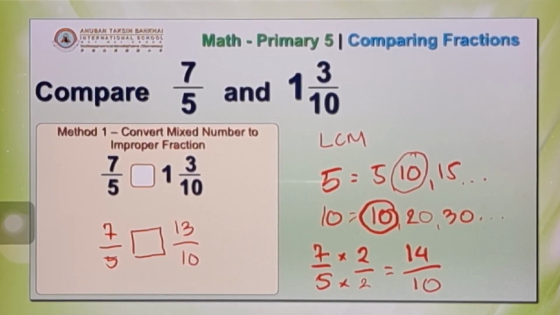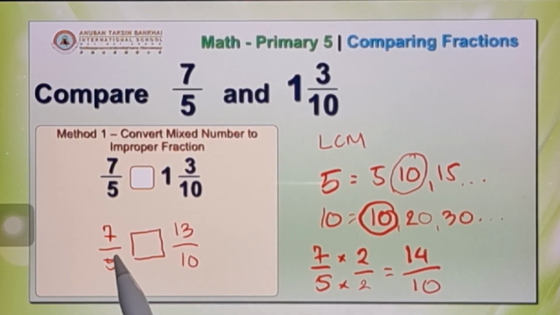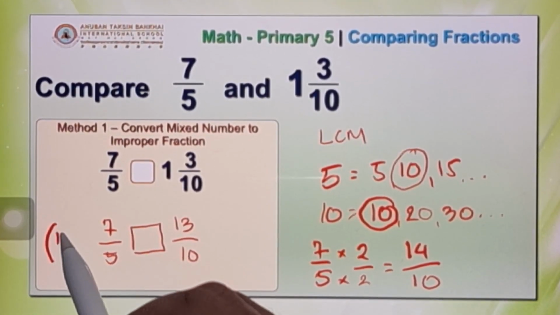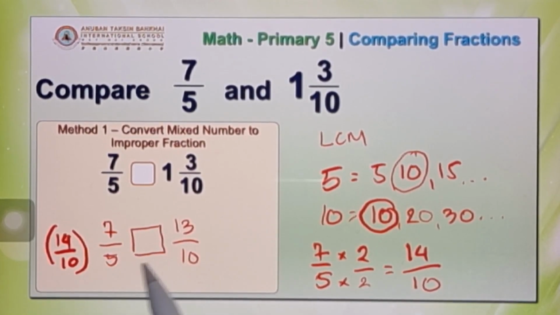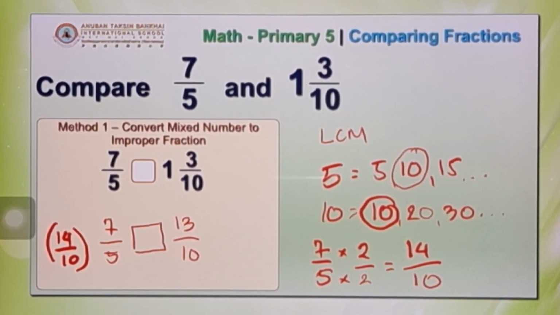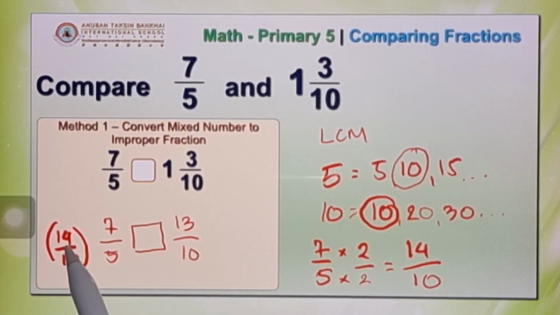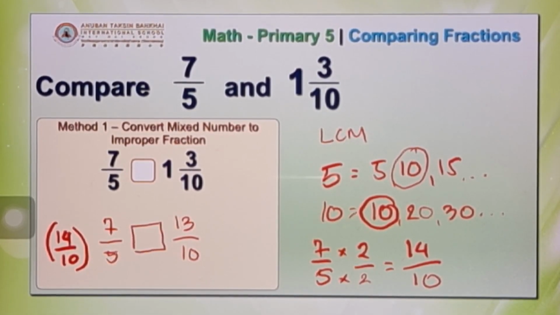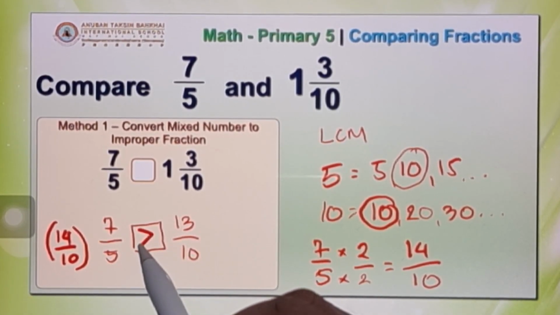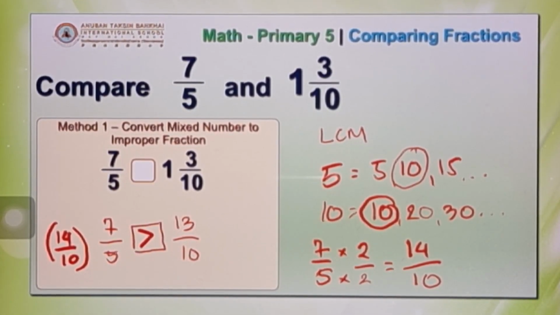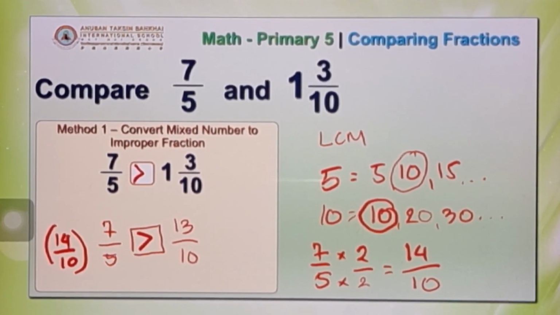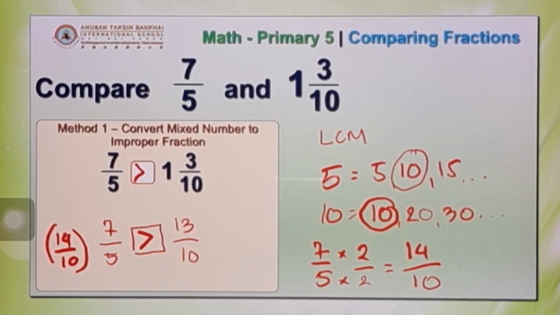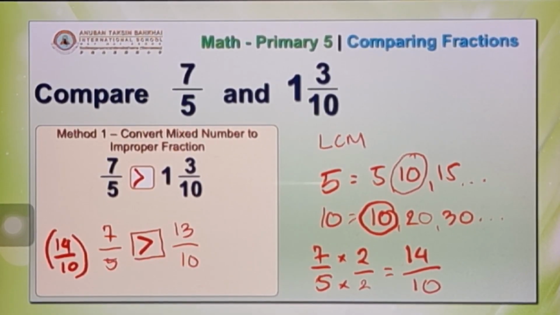Since our denominators are now the same, we can compare which is bigger, 14 or 13. Of course, 14 is greater than 13. So therefore, this is our answer: 7 over 5 is greater than 1 and 3 over 10.